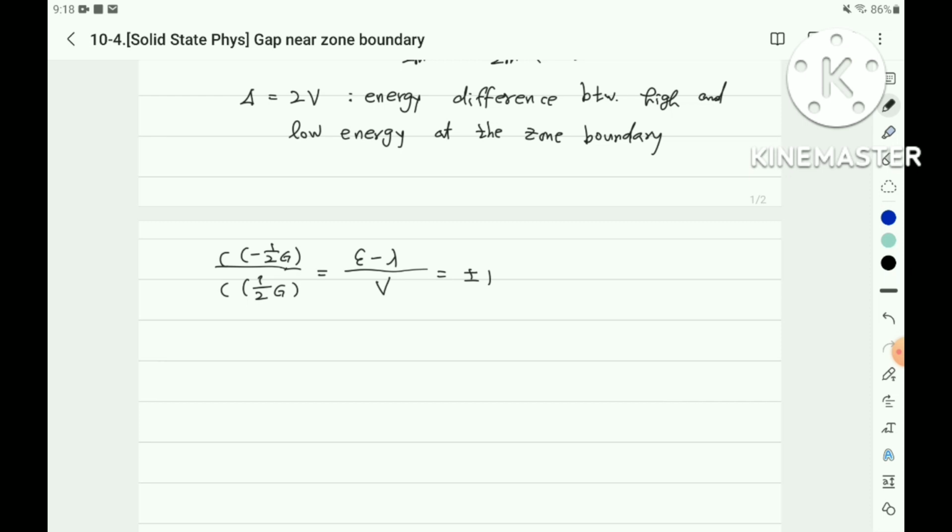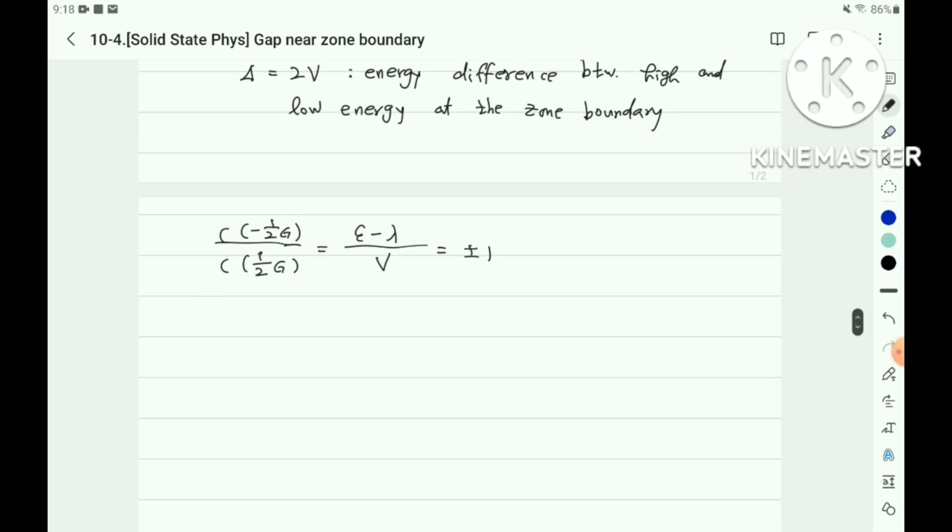Therefore, the Fourier expansion of the wave function at the zone boundary can be written like this: exponential i(1/2 g)x plus or minus exponential minus i(1/2 g)x.